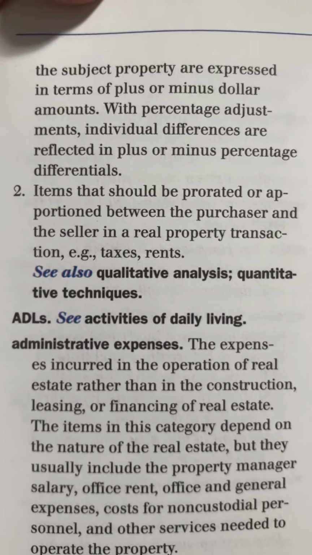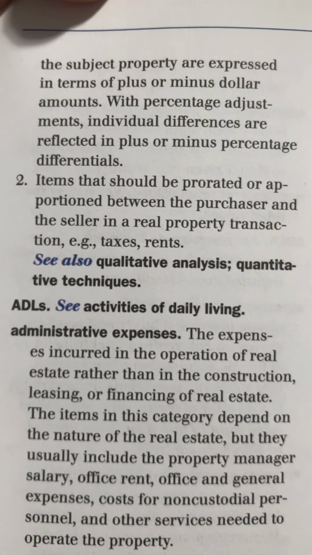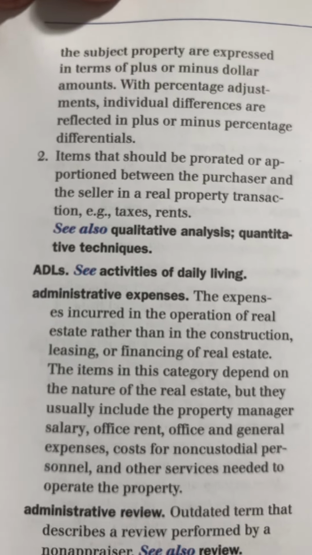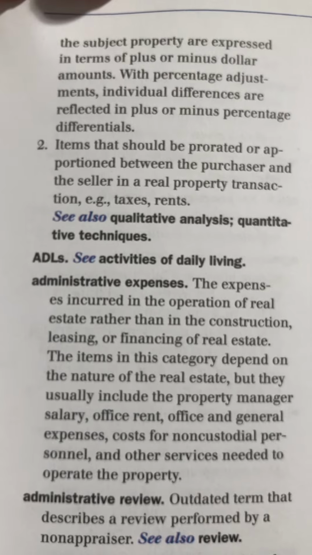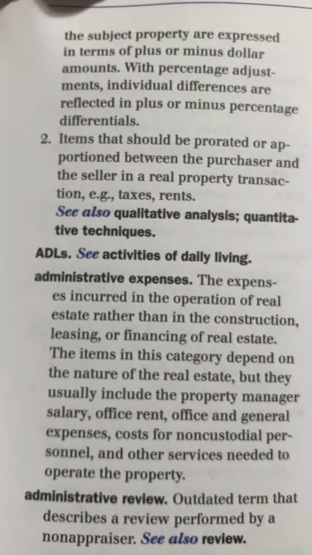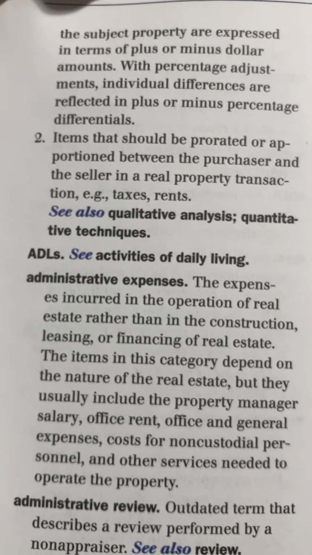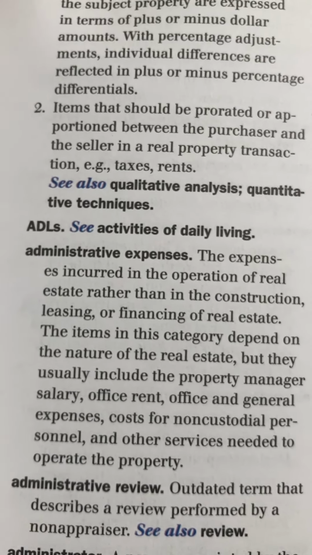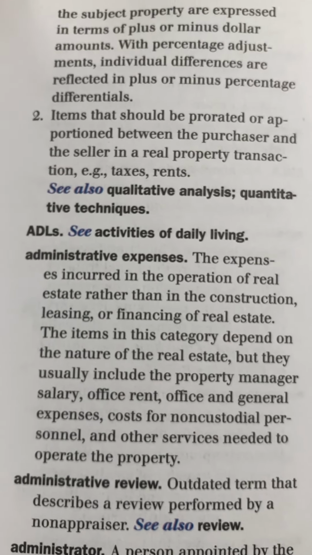With percentage adjustments, individual differences are reflected in plus or minus percentage differentials. 2. Items that should be prorated or apportioned between the purchaser and seller in a real property transaction. For instance, taxes, rents. See also qualitative analysis, quantitative techniques.